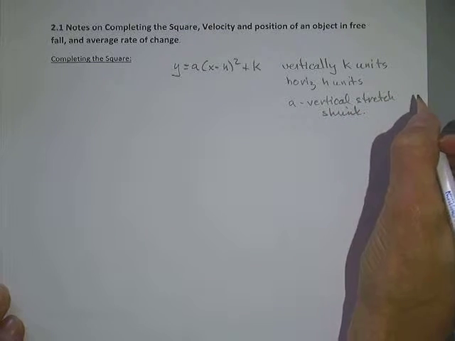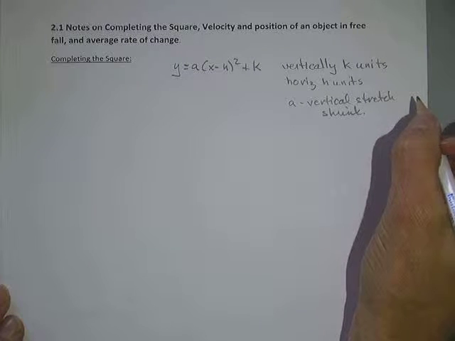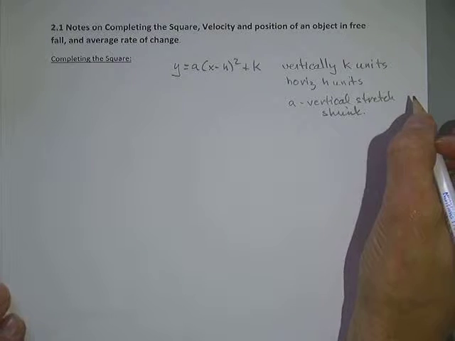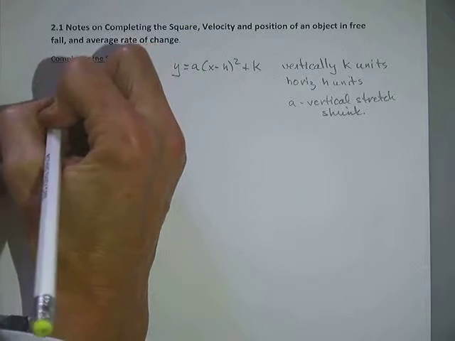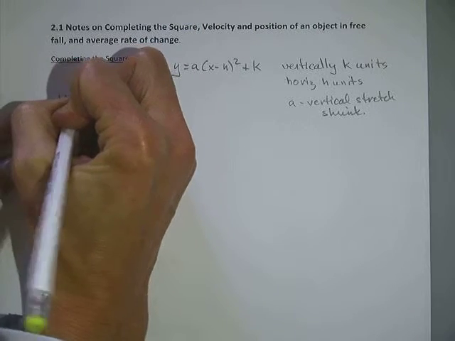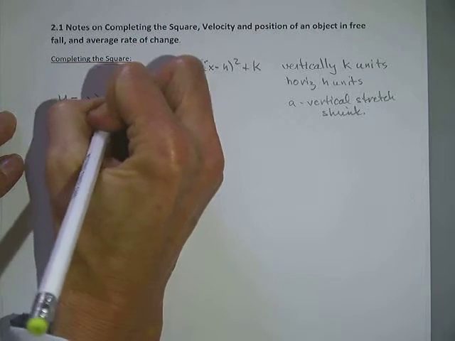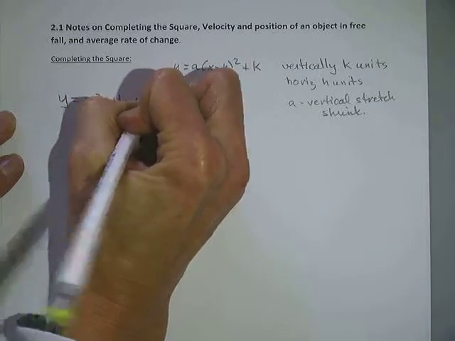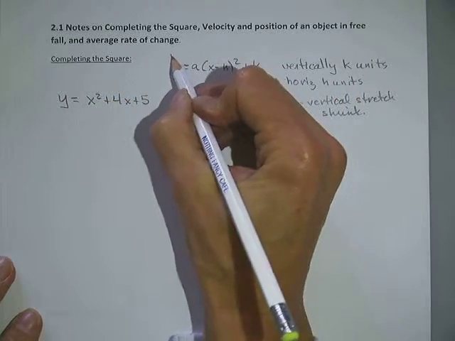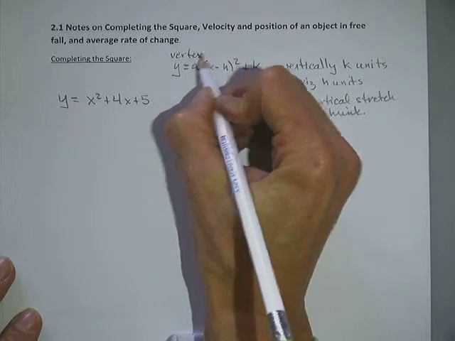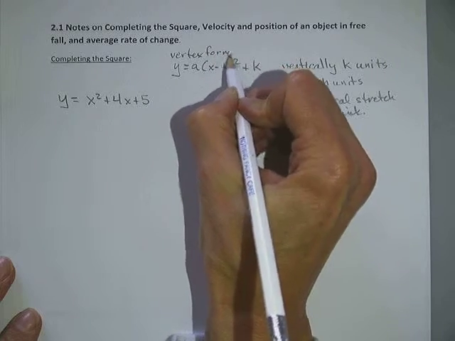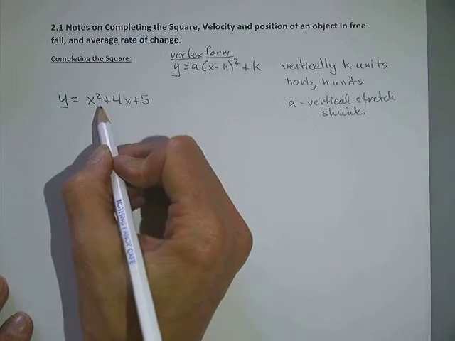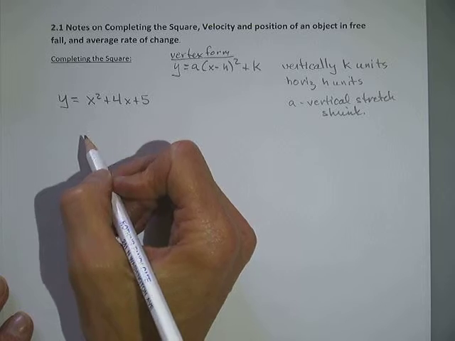Now, when I look at a polynomial equation that looks like this, is that in vertex form? No. Do you remember what form this is called from before?